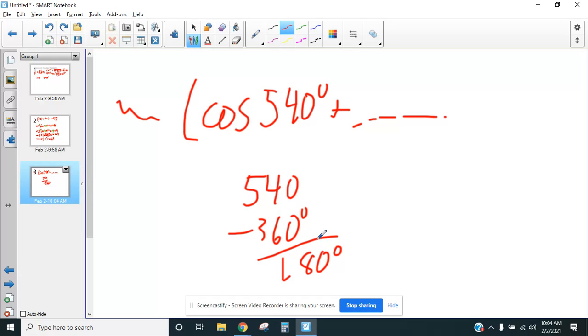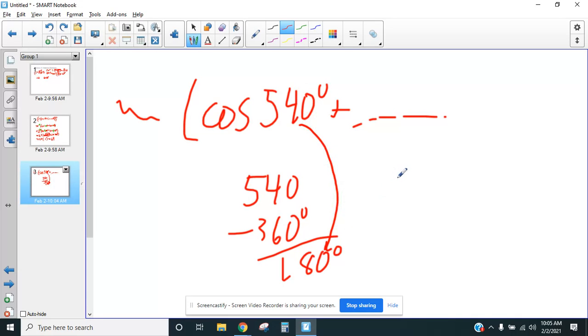What I'm saying is, if you try to look on the unit circle at 540 and find the cosine, there is no 540. It only goes up to 360. So 540 is actually the same as 180. Then we would look at the cosine of 180.